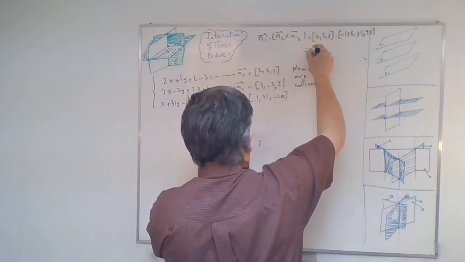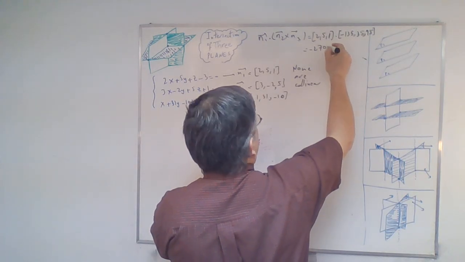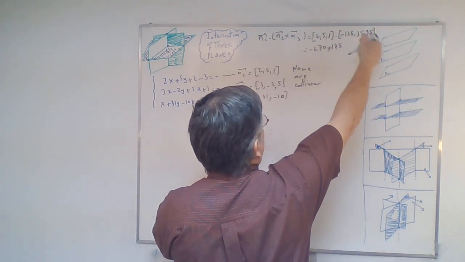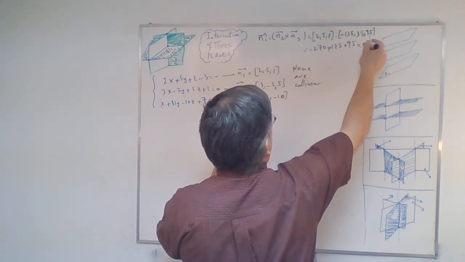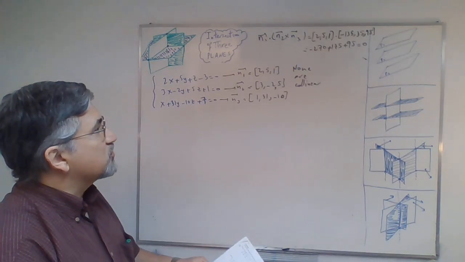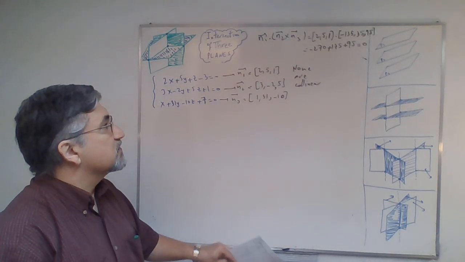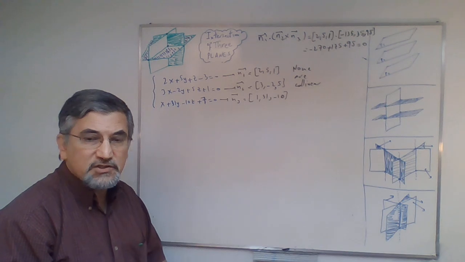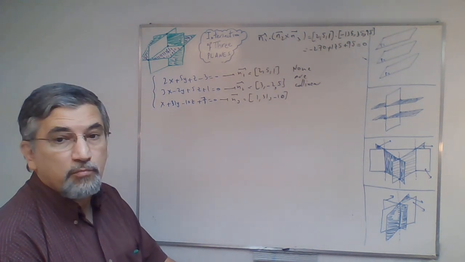Now, if you do the dot product, you get -270, 2 times -135, and then plus 175, that's 5 times 35, and plus 95. And guess what? This sum is equal to 0. That means that the triple scalar product of the 3 normal vectors of the planes is 0. What's the message? The message is that the vectors are actually coplanar.